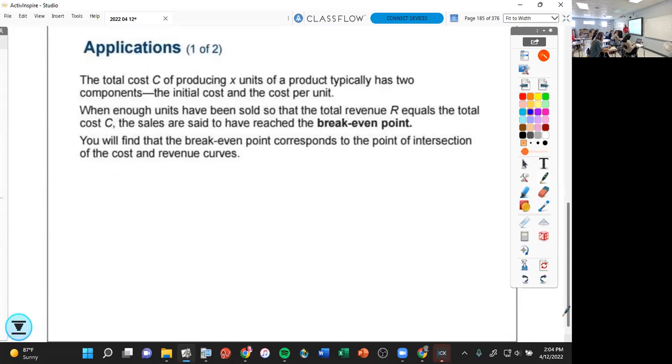So the break-even point is going to be when your cost function and your revenue function intersect. If you're running a business, you want your revenue to be higher than your cost, right? That's called making money.